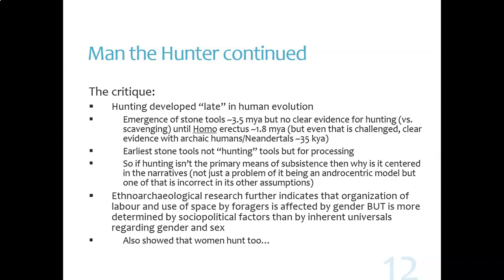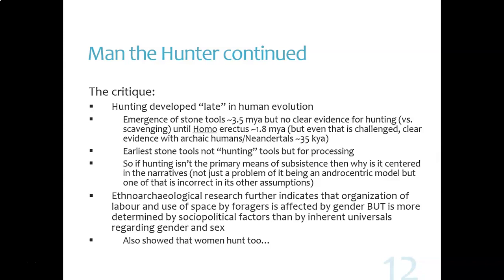We have really clear evidence about 35,000 years ago. So for about 5 million years, hominins were doing something else that allowed them to survive, be it scavenging and not just scavenging, but gathering, that allowed them to attain the materials they needed to survive.